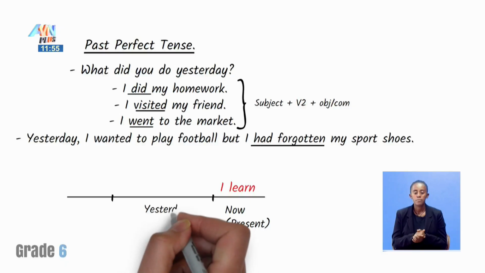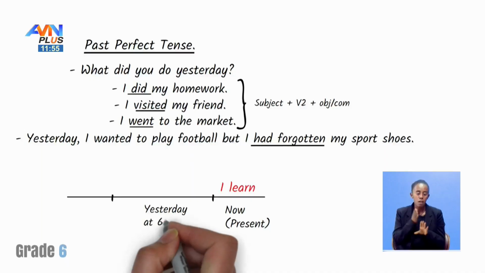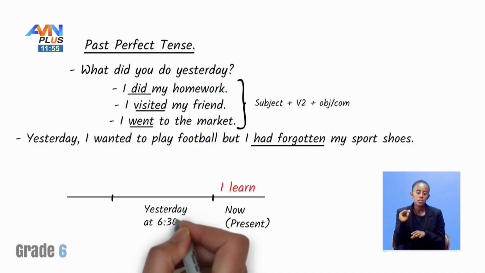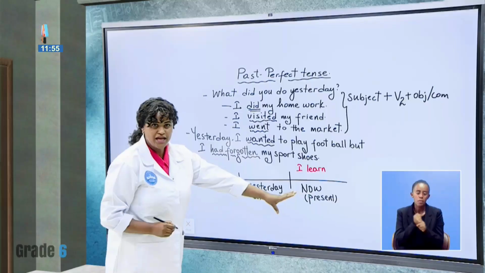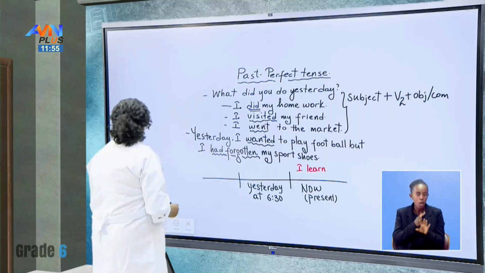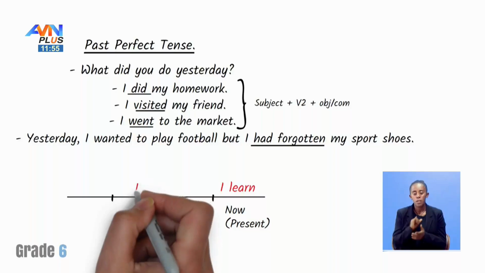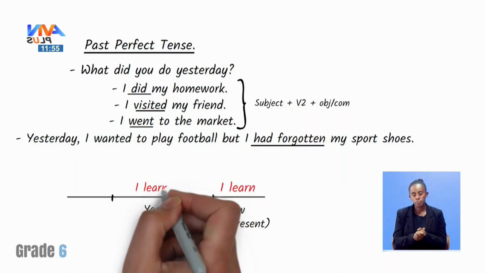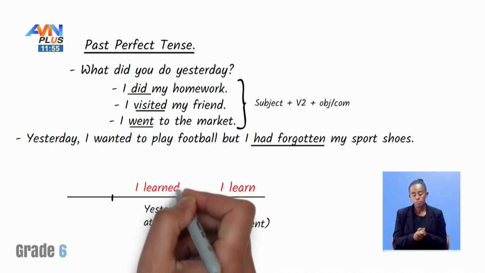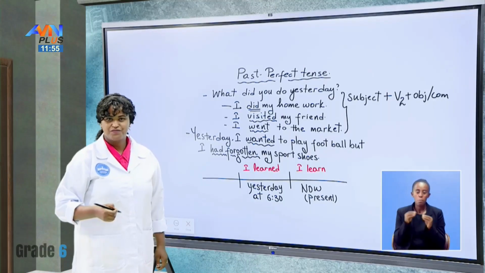Yesterday at 6:30. Just the same activity, okay? Yesterday at 6:30, you say like this. I learned. Okay? Maybe you can say, I learned mathematics.